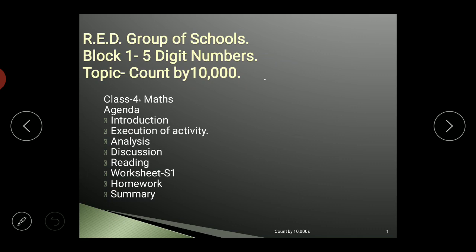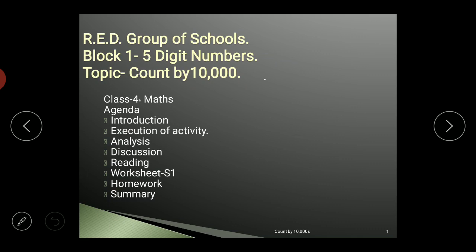After that, a worksheet is given to you, and you have to do that worksheet. After completing it, some questions are given for extra practice at home as homework. At the last, we are going to summarize our topic.